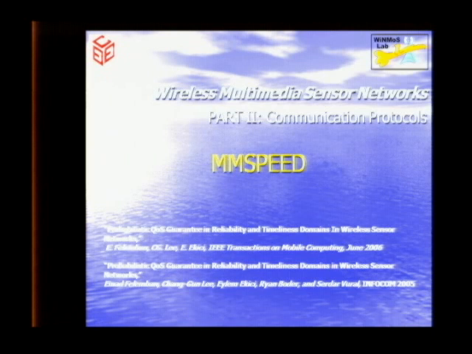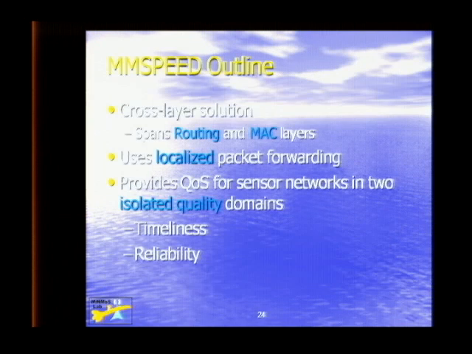For the second part, I'm going to just briefly talk about MMSpeed, but I'm going to go over the basic ideas rather than going through the details. So MMSpeed is something that we have developed based on a protocol called SPEED. You may be aware of that, by Tarek Abdelzaher. This protocol was aiming to deliver information in a sensor network by guaranteeing a given progress speed of information across the network, a physical progress speed.